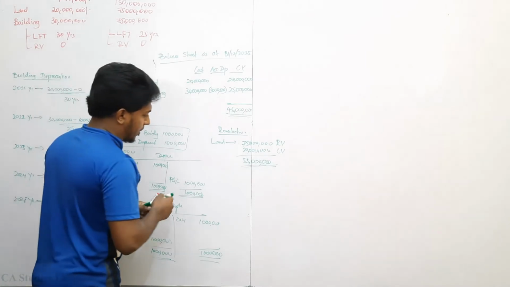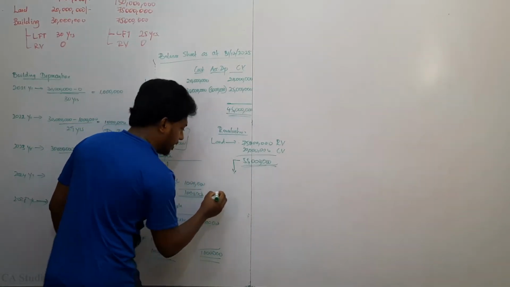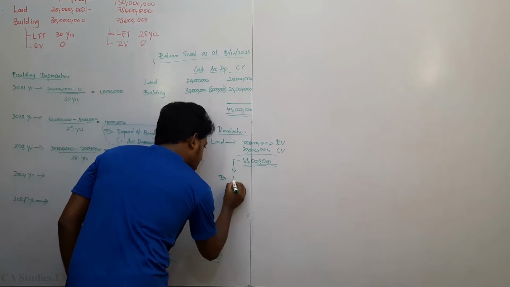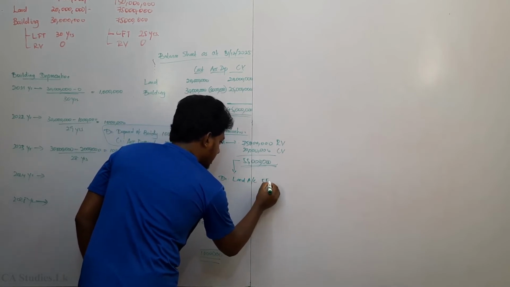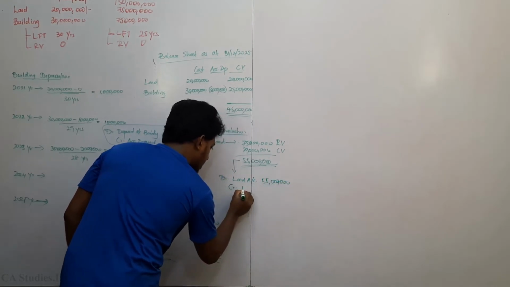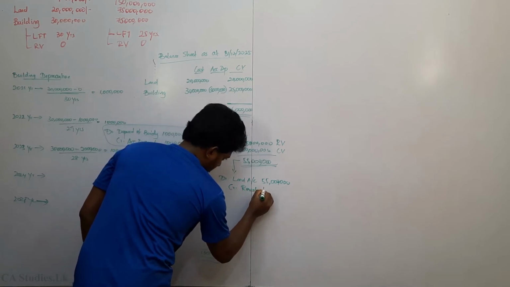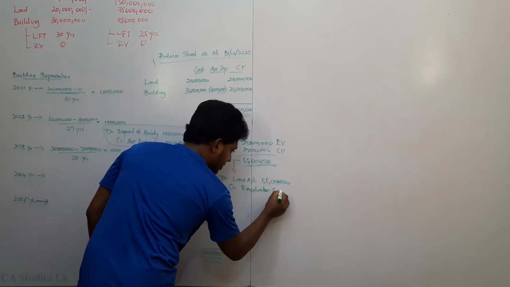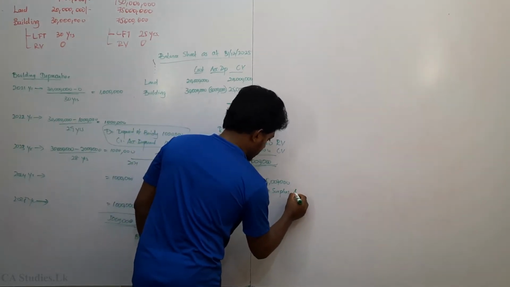So here the double entry will be 55 million extra: debit land account 55 million, credit revaluation surplus account.